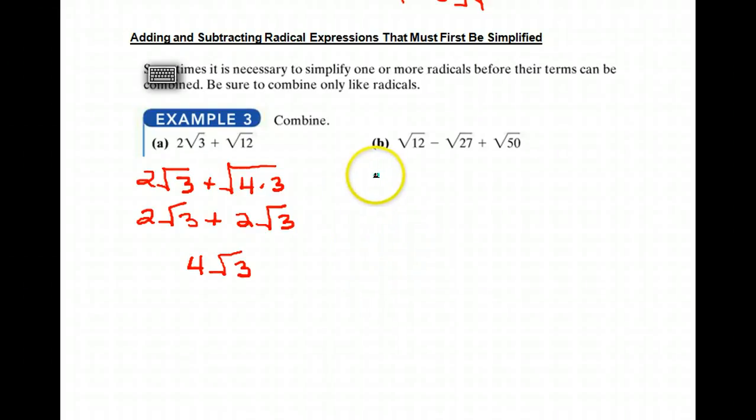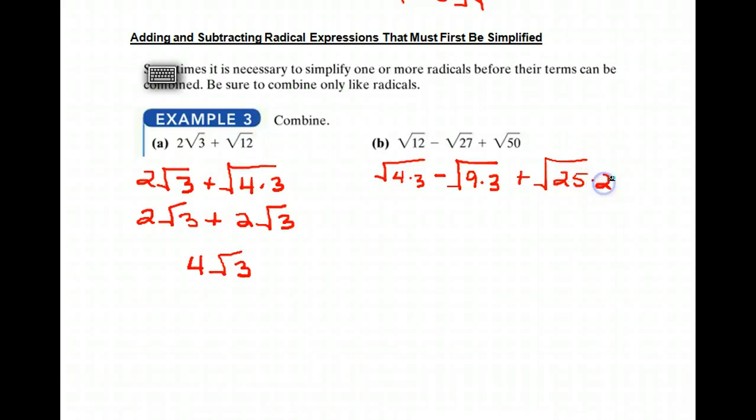So for 12, we know that we can break that into 4 times 3 minus 27. 27 can be broken into 9 times 3, and 50 can be broken into 25 times 2. So it just so happens that each one of these problems, or those radicals I should say, could have been broken down into a factor that is a perfect square. So now we need to work on evaluating these.